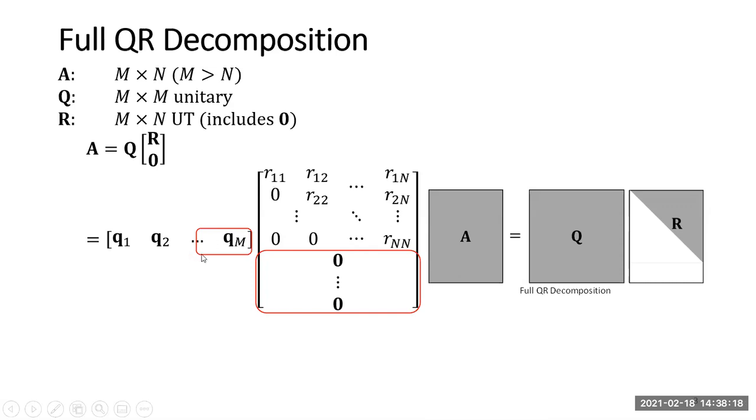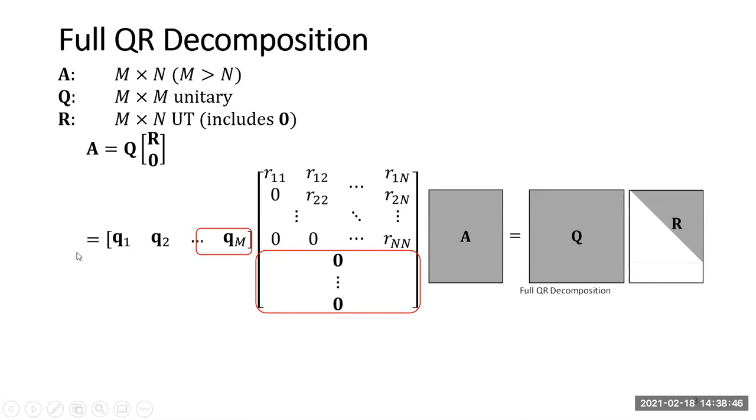And Q2 is going to get multiplied by R22 until R2n. Now, look at the last one, Qm here. Since these are all zeros, Qm is going to get multiplied by all zeros, correct? In fact, the previous one is also going to get multiplied by all zeros.